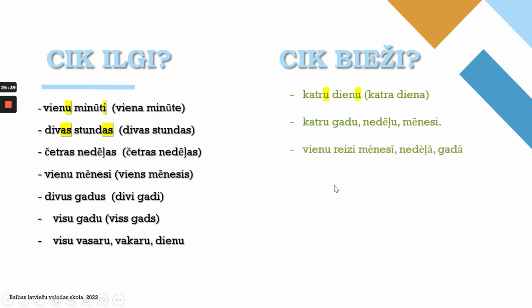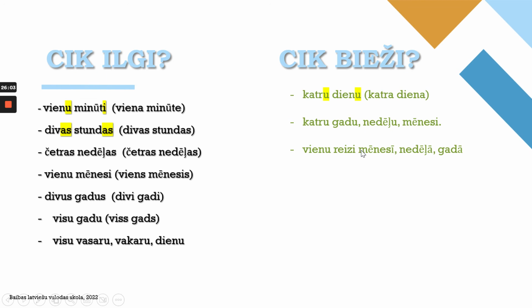Also, we could say how many times during the period of time we do something. And for these occasions, we need to remember the word reize, time, is a feminine form. So, vienu reizi in accusative, reize, E becomes I, and viens becomes vienu.